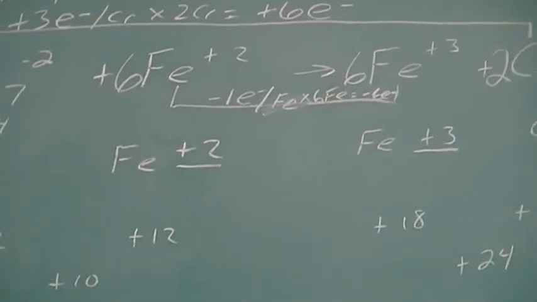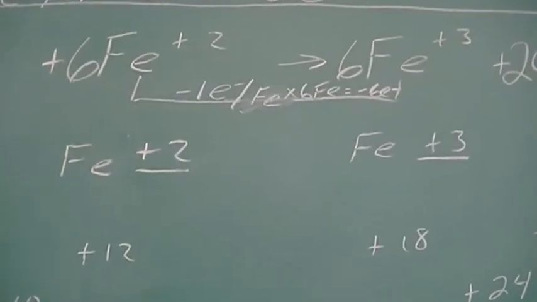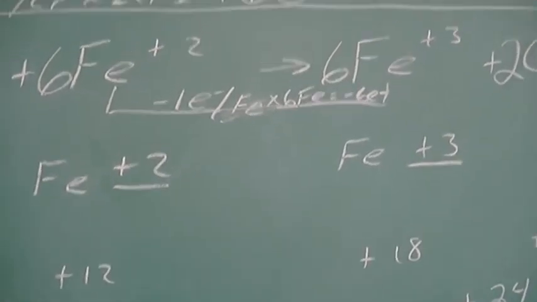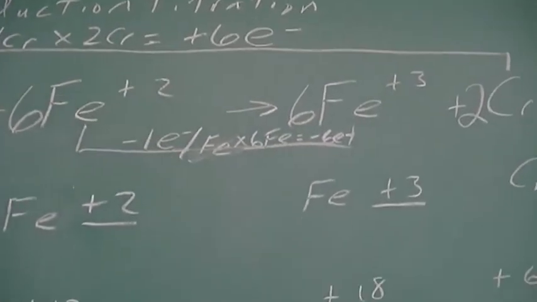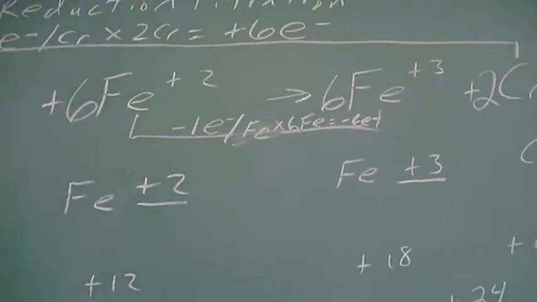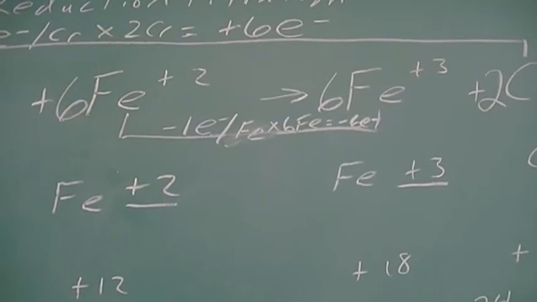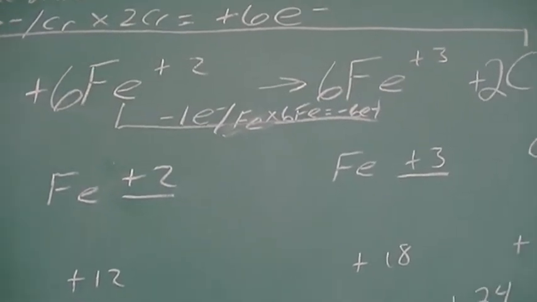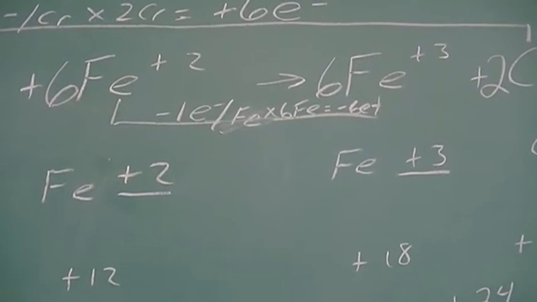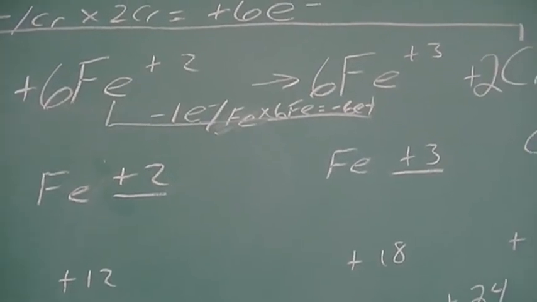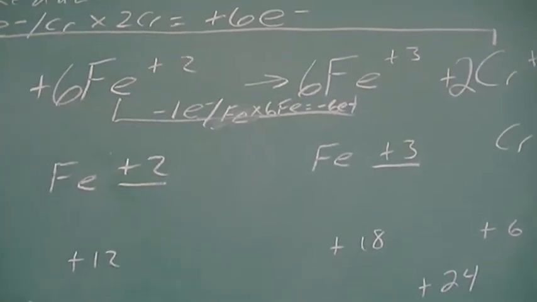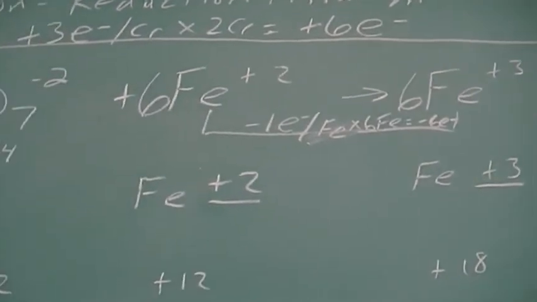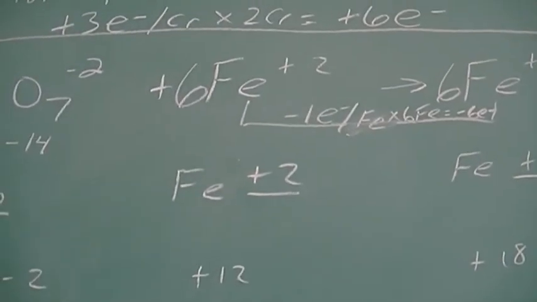That means you have to lose 1 electron for each iron. And for the electrons gained, 6 electrons, to equal electrons lost, we have to do the iron plus 2 to iron plus 3 6 times, so that we have 6 electrons gained and 6 electrons lost. Alright, and then the iron going from iron plus 2 to +3, that is an oxidation, which makes the iron plus 2 the reducing agent.